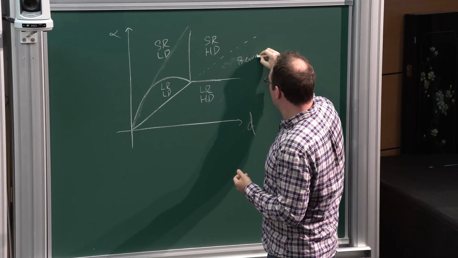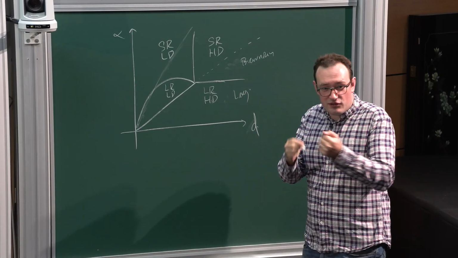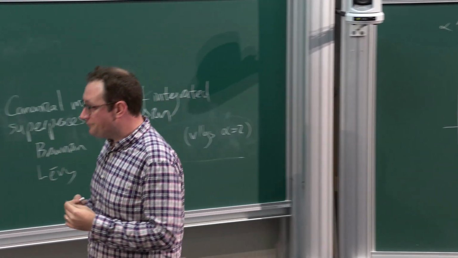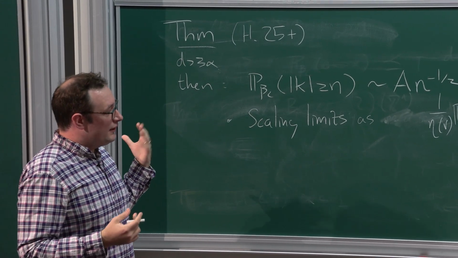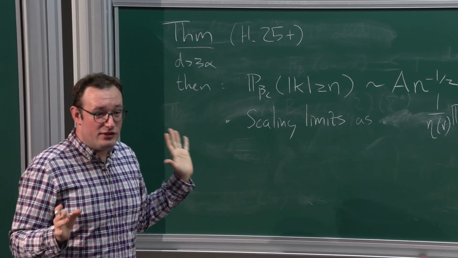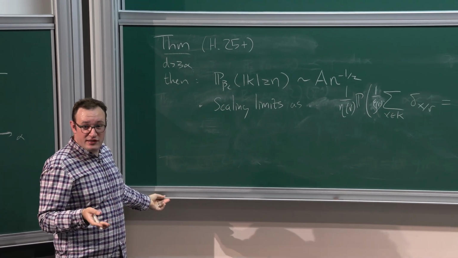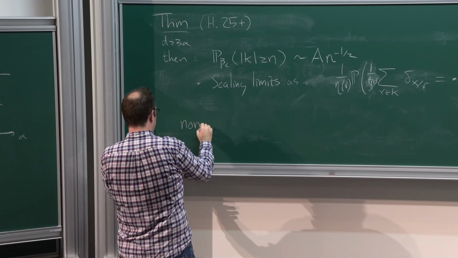And below it's Lévy. Good. So this is exactly the transition between long and short range behavior. This is the condition under which these things work from scratch. And again, maybe you could prove similar results to this with the lace expansion, but the key point here is that this is non-perturbative.